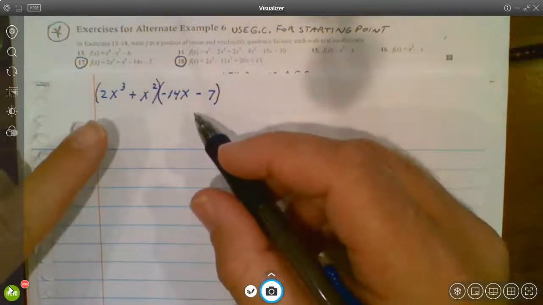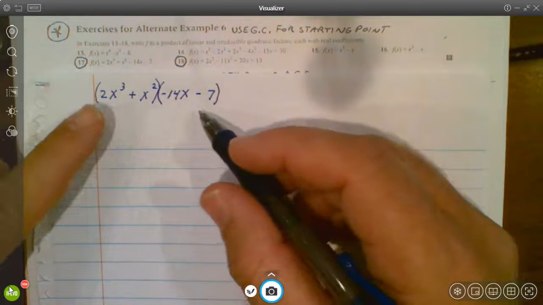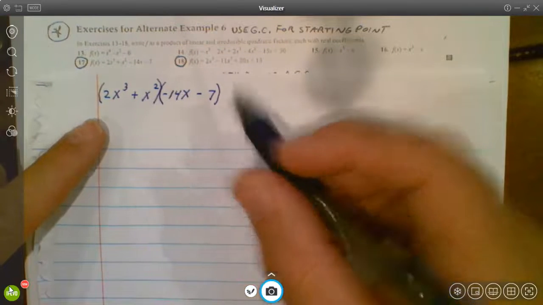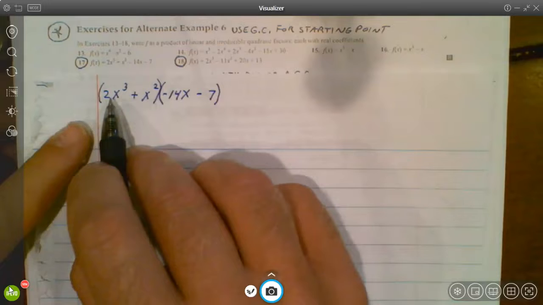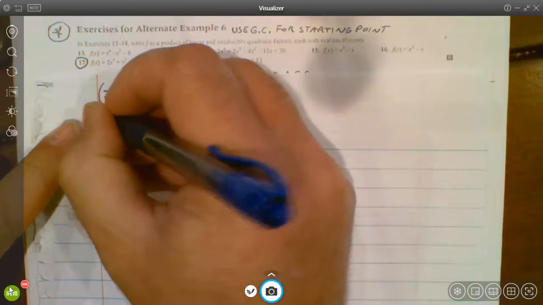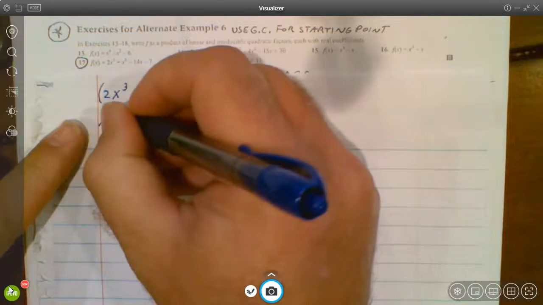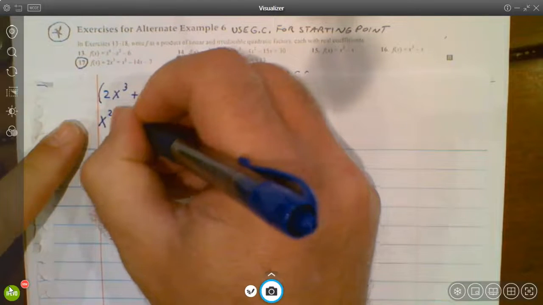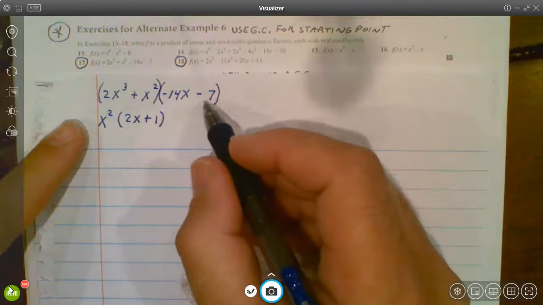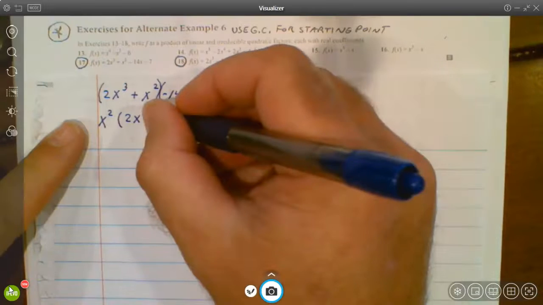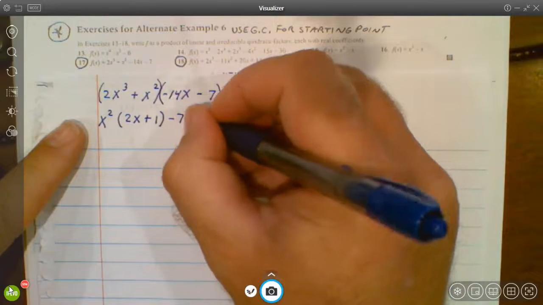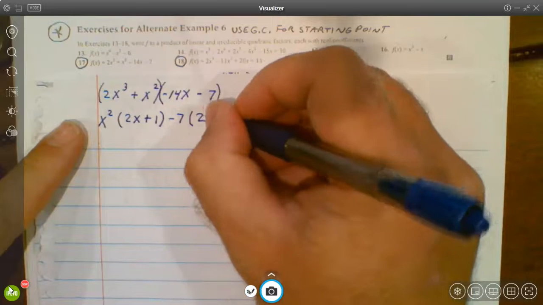I already know this is going to work because I can see by the numbers, but I wanted to remind you how you factor by grouping. In my first group, I take out the greatest common factor, which is x squared. That leaves me with 2x plus 1. And in the second group, I can factor out negative 7. That would also leave me with 2x plus 1.